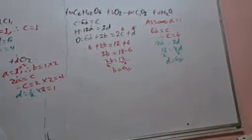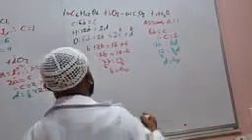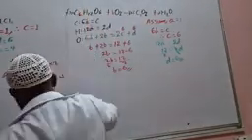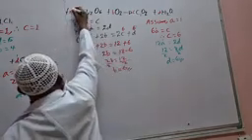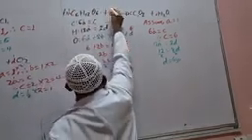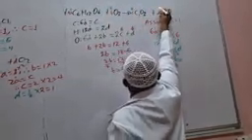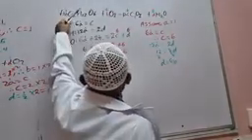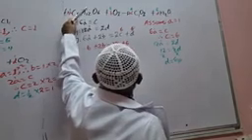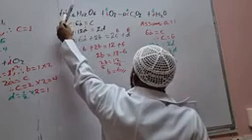Now only A is 1, and B, C, and D are 6 each. Carbon: 1 times 6 means 6 in the reactant, and 6 times 1 means 6 in the product.